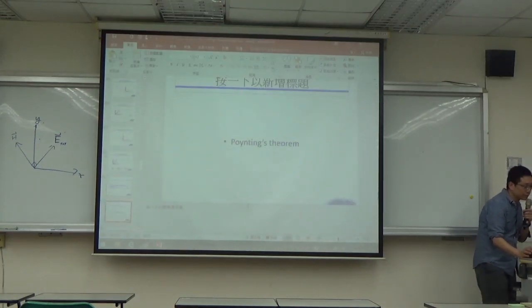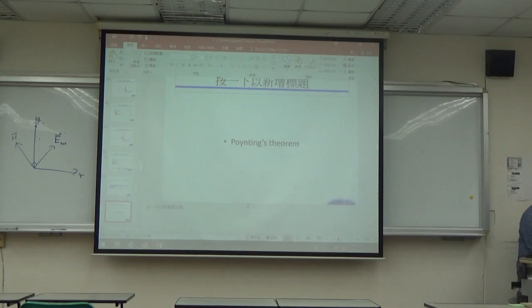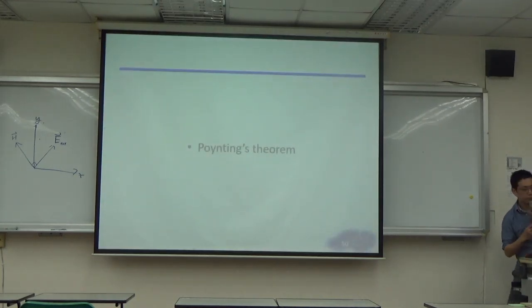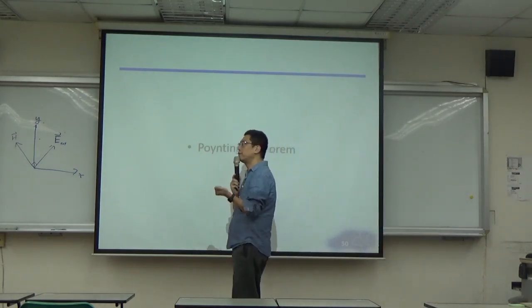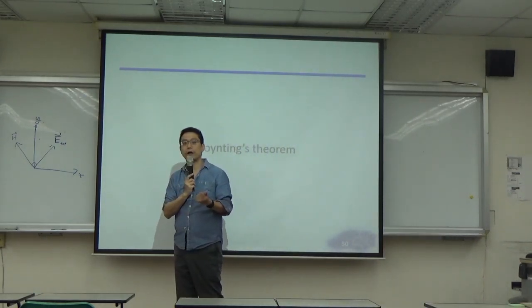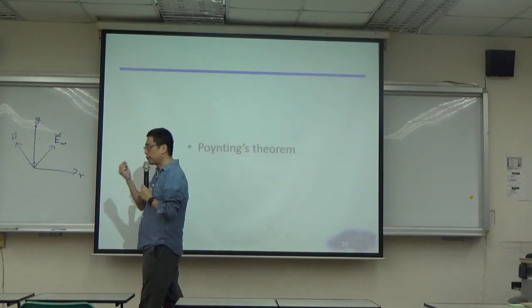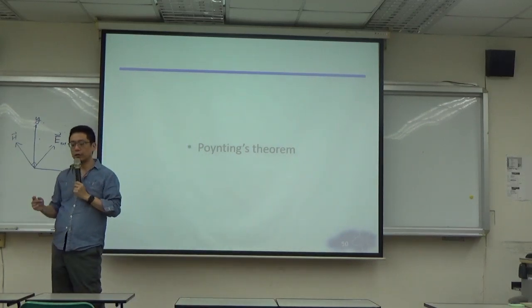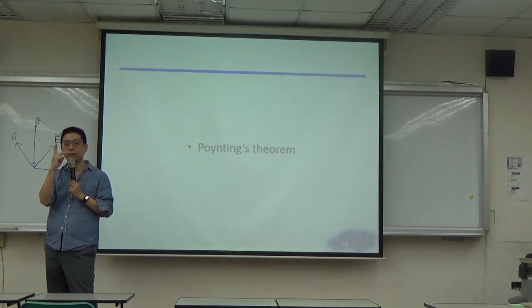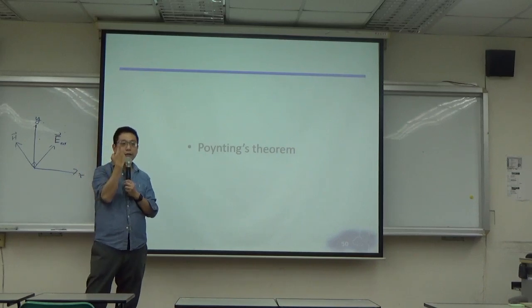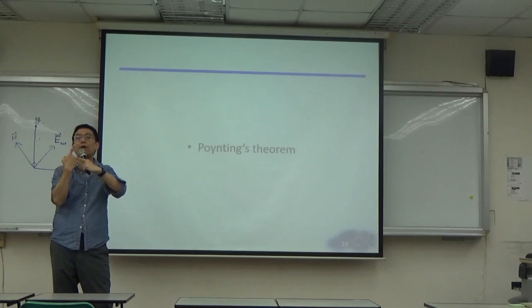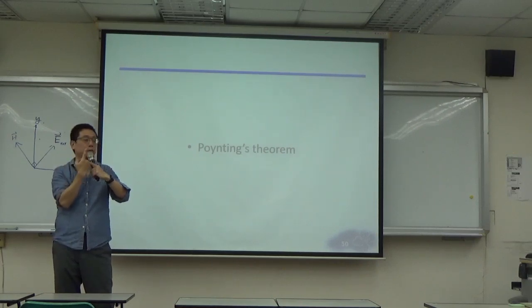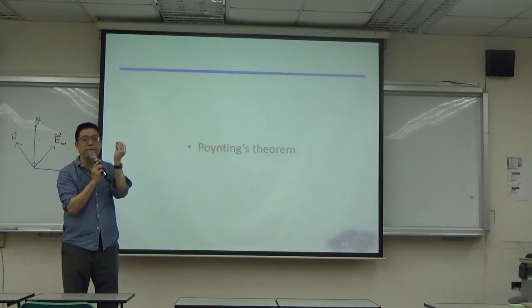Now, the Poynting vectors. Every time we talk about the E field and the H field, I will tell you that the E field and H field are perpendicular, and their way of propagating is in another direction. We call that direction the direction of the Poynting vector.